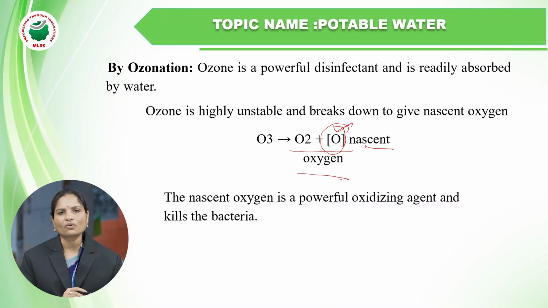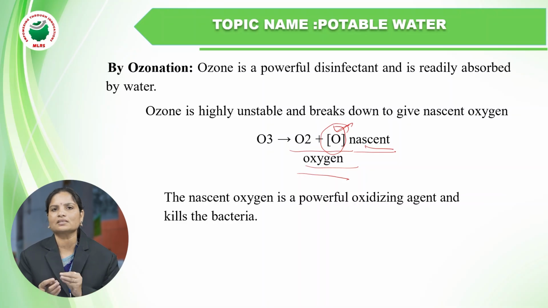This nascent oxygen is a very powerful disinfectant and a very powerful oxidizing agent. Only then will our disinfection process take place. Only when nascent oxygen forms does the disinfection take place, because it is a very powerful oxidizing agent or disinfecting agent.